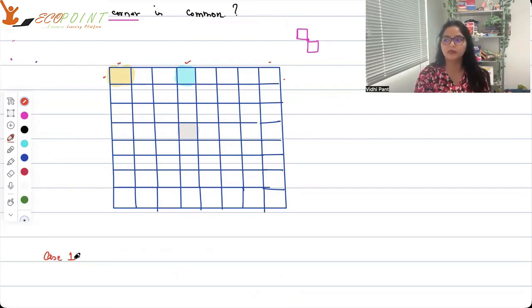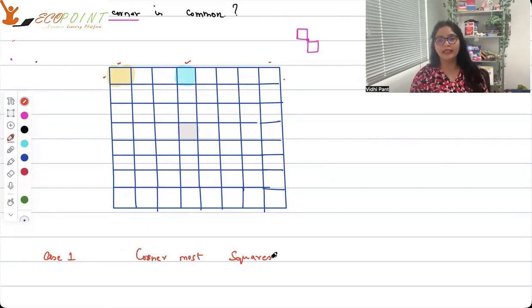The first case is the cornermost squares. If my first square is a cornermost square, in how many ways can I select the second square? You are selecting two squares one after another.